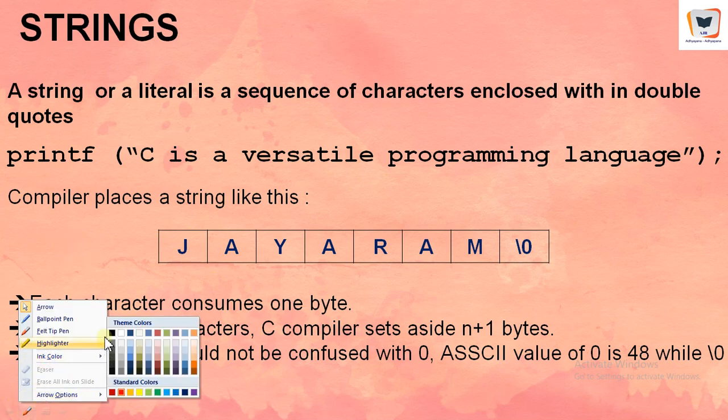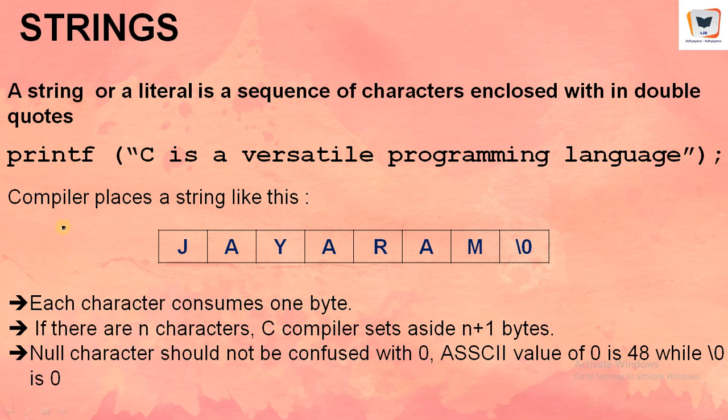Anyway, this is to be declared beforehand, as we have declared many other variables in our preceding programs. Name is the variable name and it contains the string Jayaram, consisting of 7 characters and totally 8 bytes. Each character consumes 1 byte.